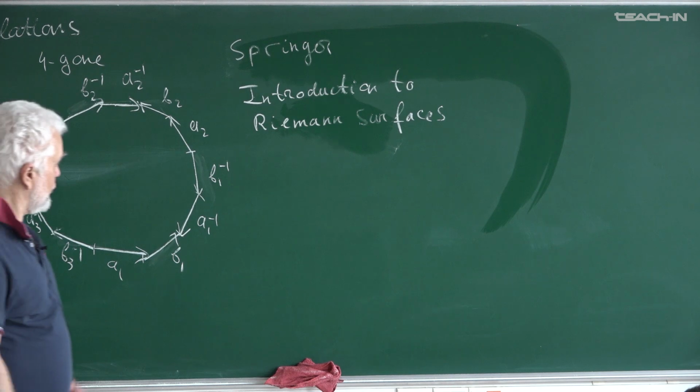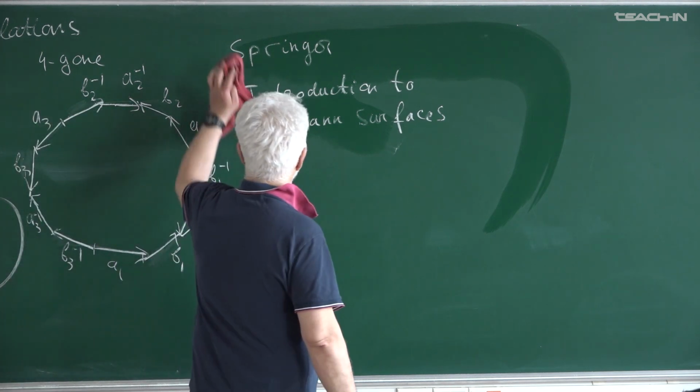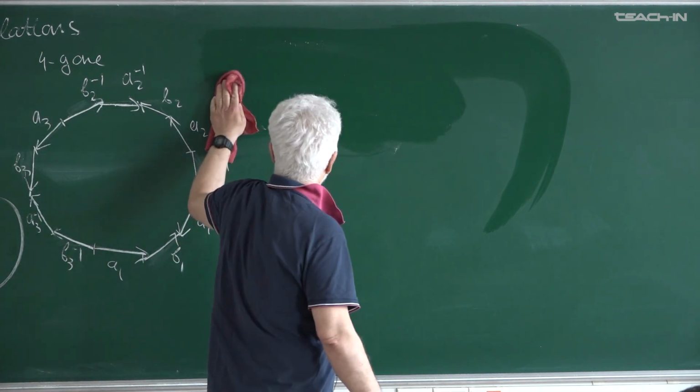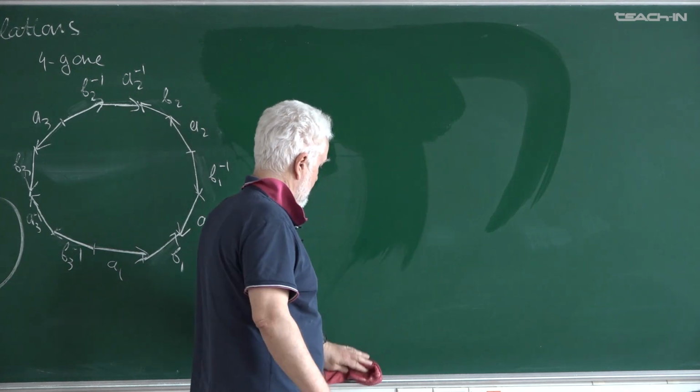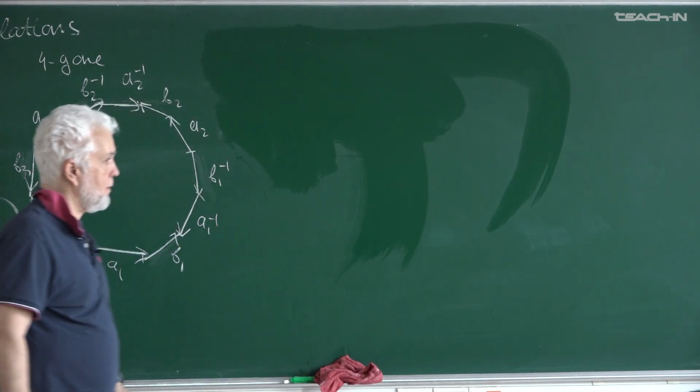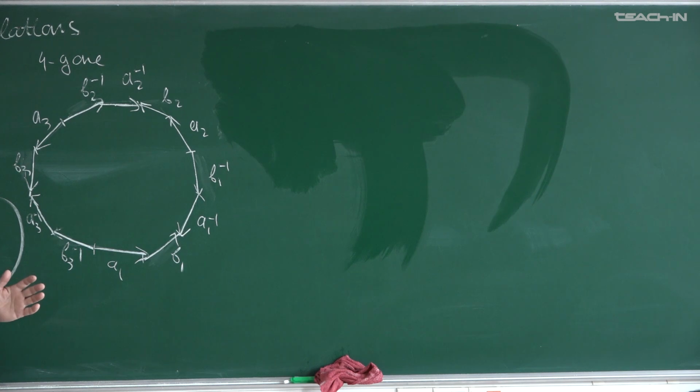First of all, what do we know? There is the following statement. First of all, do you know the basics of homology theory, some basic facts? You had some elements of topology, including homologies, or not?